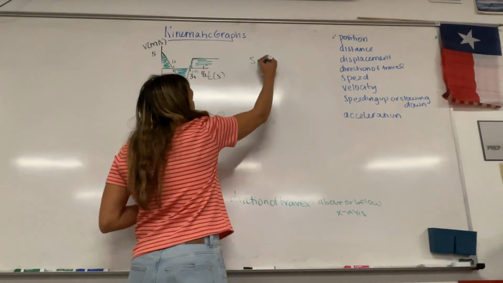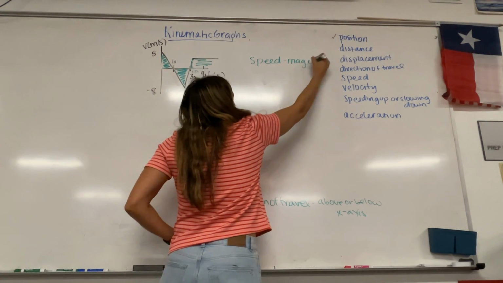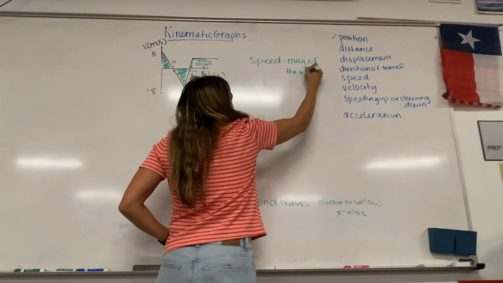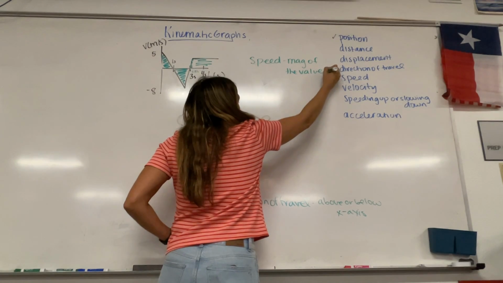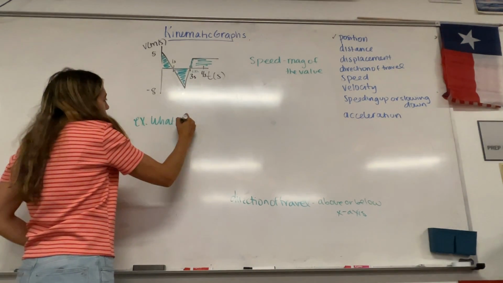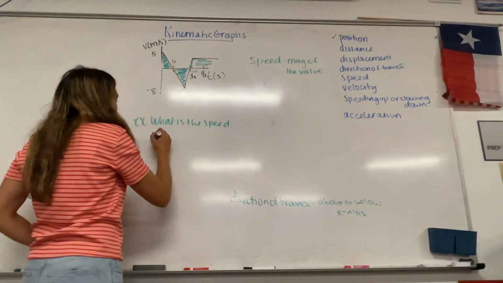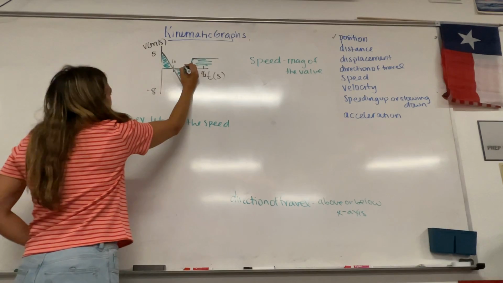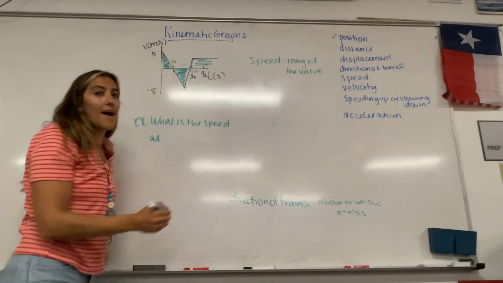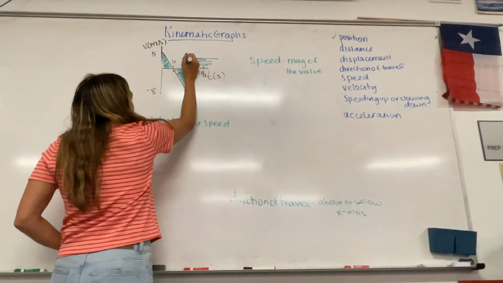Next up, speed. Speed is the magnitude of the y value. So for example, what is the speed at, I'm going to call this 2. I know it's not. I get that, okay? But I'm going to call this 2 seconds.